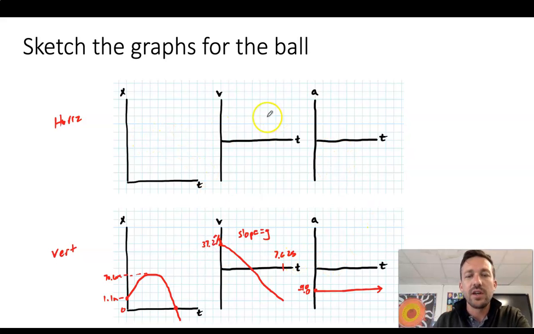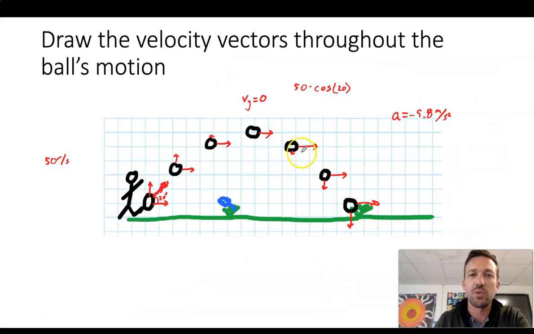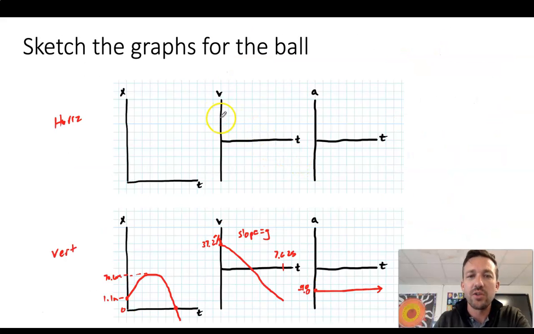Okay, horizontally. I usually like starting with my velocity one here, but you can start wherever you want, really. The velocity, remember the velocity is 21.5, and it doesn't change. So you would just put a dot there, make sure your velocity is unchanging. That line should be flat, okay?